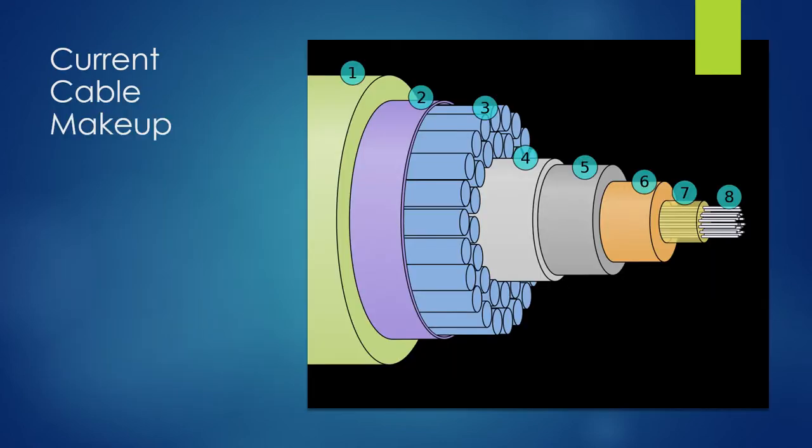So here's the current cable makeup, and there are several layers. For the most part, when you boil it down, most of these layers are about protecting the actual fiber optic wires. This outer layer is polyethylene, which is a common plastic that's used for packing. It replaced gutta percha in the 1930s because of supply factors.